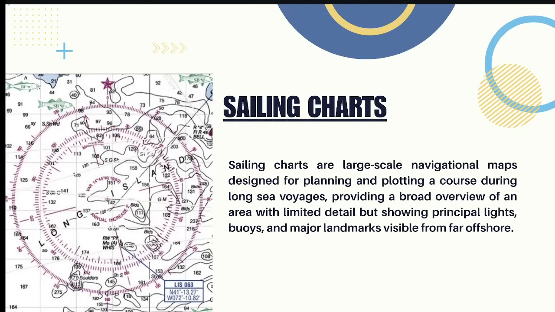The last type of chart that we need to discuss is the sailing charts. Sailing charts are large-scale navigational maps designed for planning and plotting a course during a long sea voyage, providing a broad overview of an area with limited detail, but showing principal lights, buoys, and major landmarks visible from far offshore.